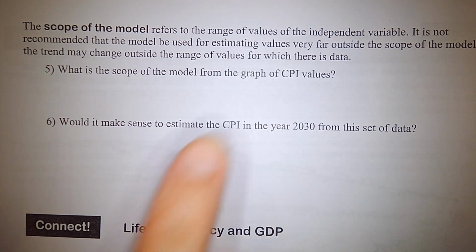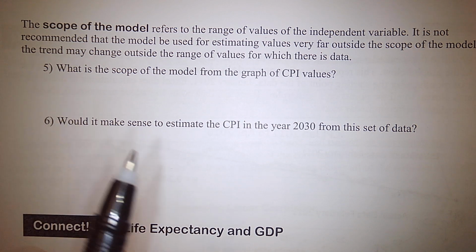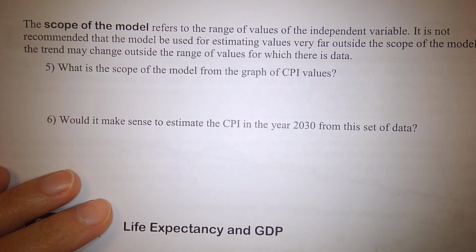From the graph of CPI values, what is the scope of the model? For x values, it varies from where to where? January 2011 to what? It told us, right? April 2016.